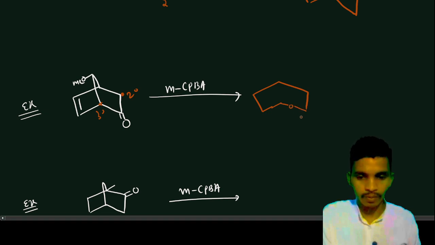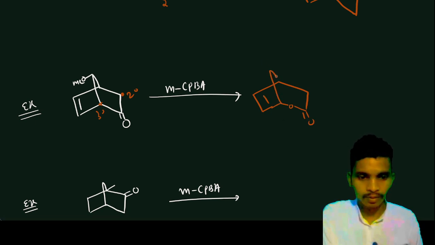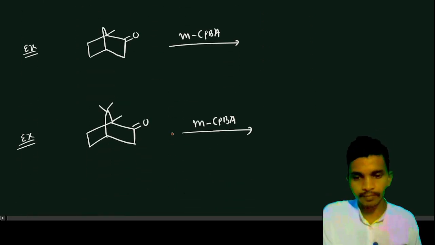O, this one, and this is going to be like this, OMe. Okay, so that is added to the 3-degree carbon. In this one also, nothing is there, only hydrogen, so O will be added. This is the 3-degree and this is the 2-degree, so O will be added here.